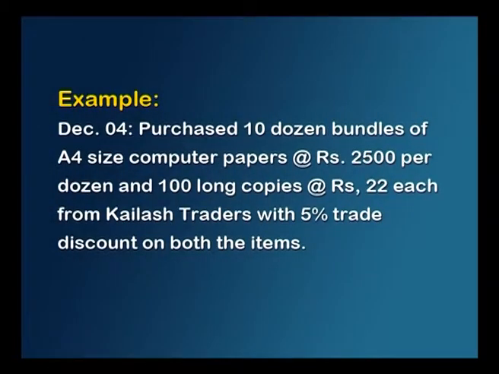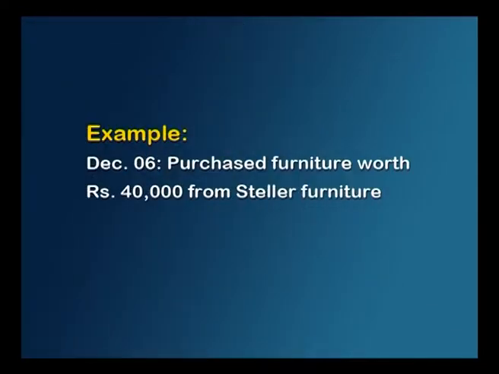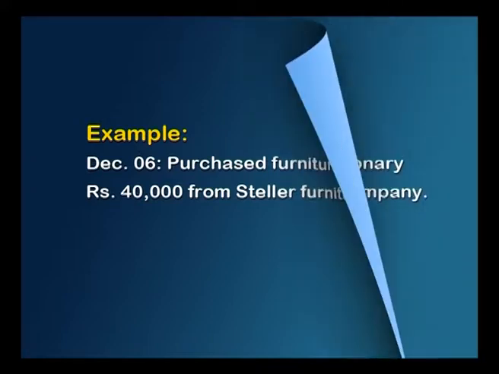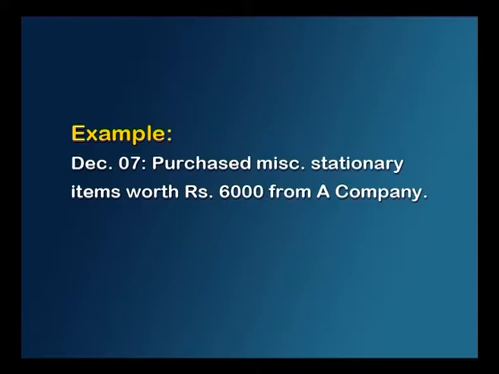December 4, purchased 10 dozen bundles of A4 size computer stationery papers at the rate of rupees 2500 per dozen and 100 long copies at the rate of rupees 22 each from Kailash Traders with 5% trade discount on both the items. December 6, purchased furniture worth rupees 40,000 from Stellar Furniture, and last transaction, that is December 7, purchased miscellaneous stationery items worth rupees 6,000 from A company.